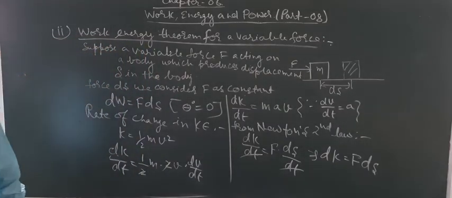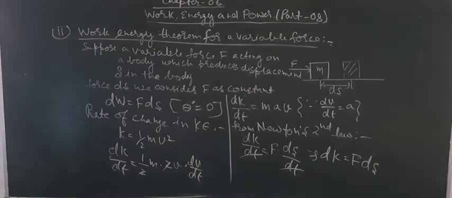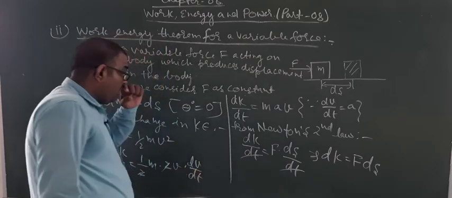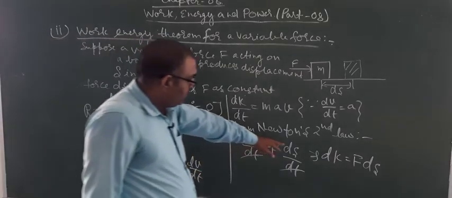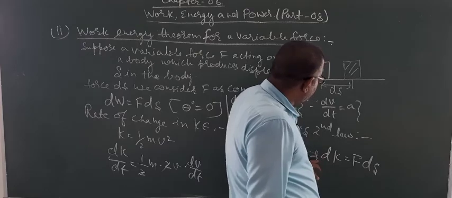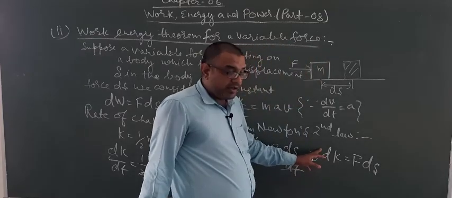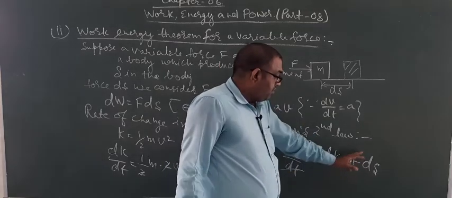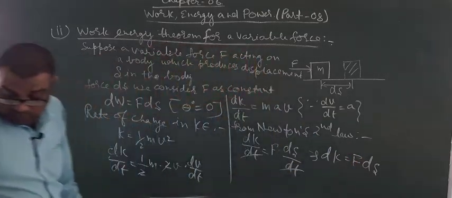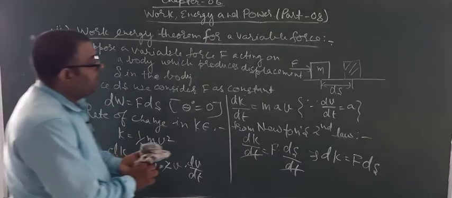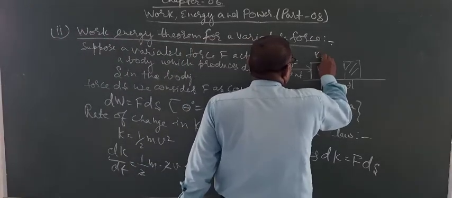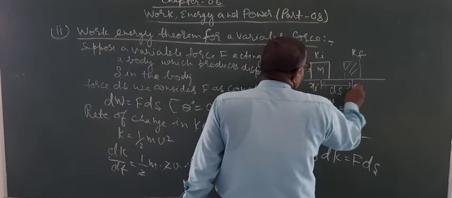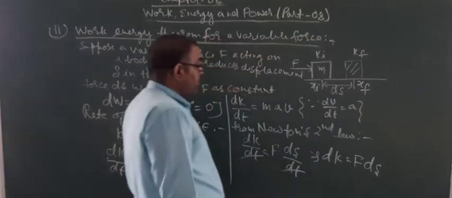Now as we had assumed that this force is of constant nature, so now integrating it from the initial kinetic energy to the final kinetic energy, and the position xi to xf. So look here students, here the kinetic energy is Ki, and here the kinetic energy is Kf, and here the position is xi, and here the position is xf.